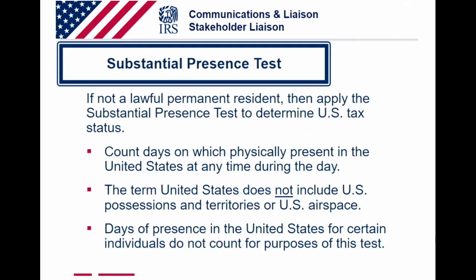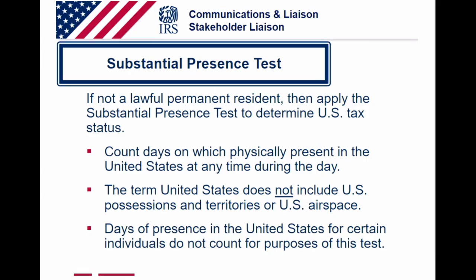If an individual is neither a U.S. citizen nor a lawful permanent resident, then the first consideration is whether they met the substantial presence test. The substantial presence test involves counting days on which an individual is actually physically present in the United States, generally starting with the day they first arrived in the United States.